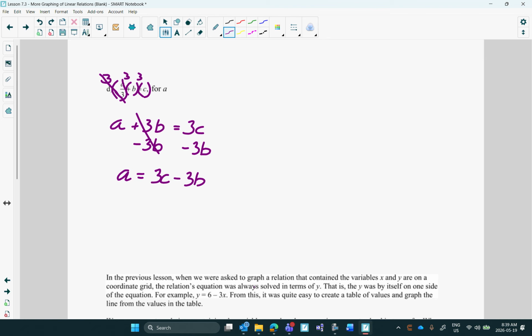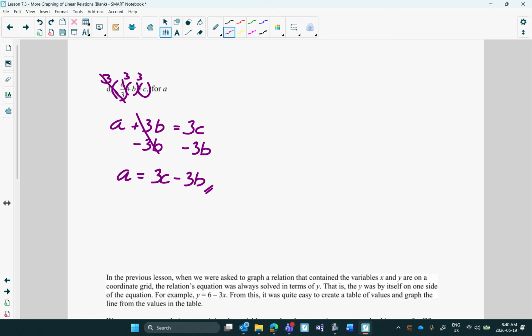I've solved for A. We're going to focus on ones like C. Okay, I just wanted to show you some different examples, but for graphing, we're going to focus on ones like C.